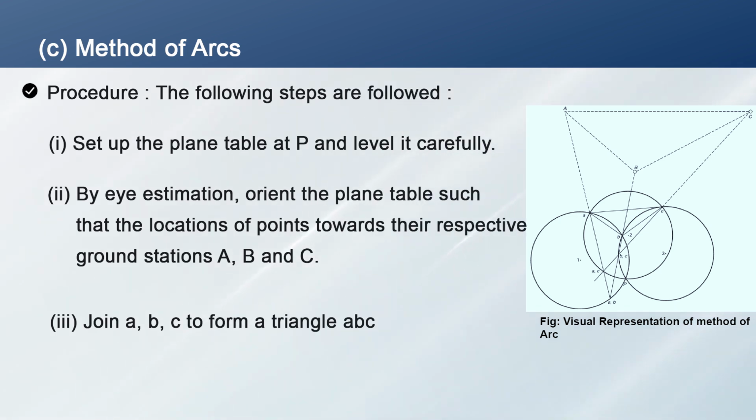Set up the plane table at capital P and level it carefully by eye judgment, or orient the plane table in such a way that the locations of the points are towards their respective ground locations A, B, C. Join small a, b, c to form a triangle abc.